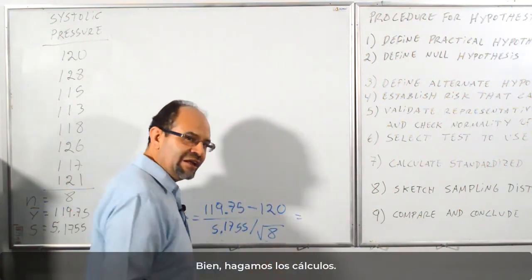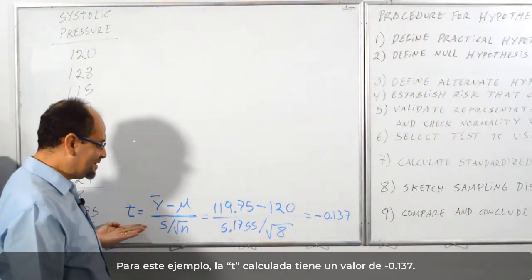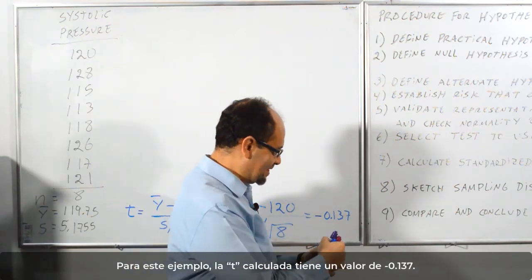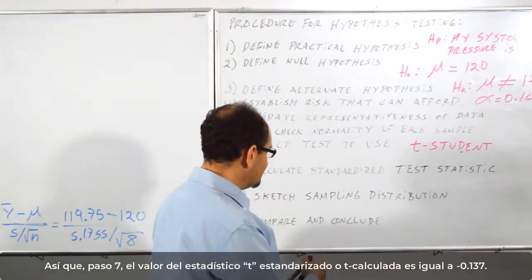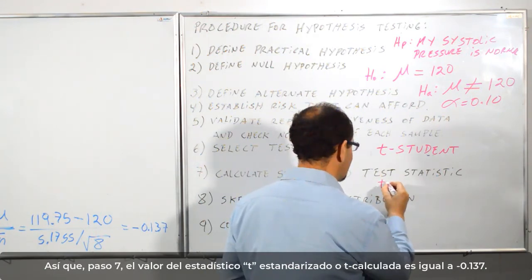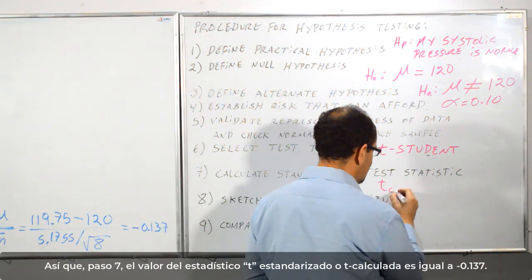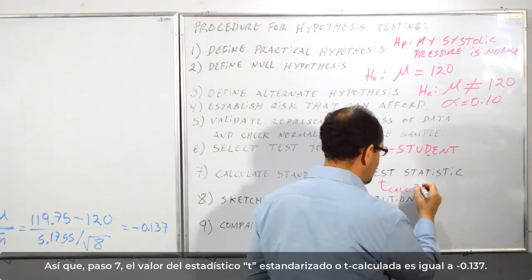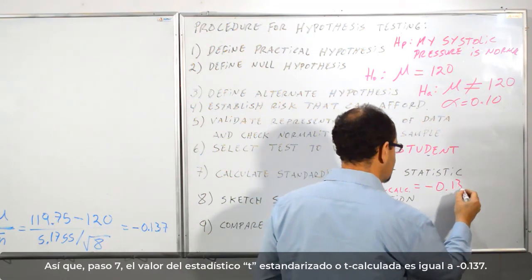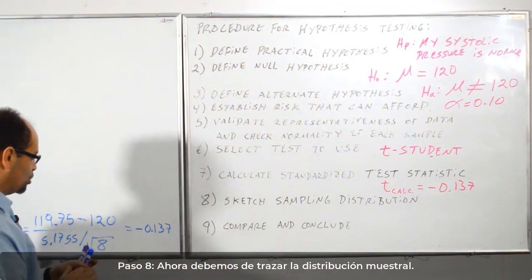Okay, let's do the calculations. The calculated t will be negative 0.137, and that's the value that I will write here. So t calculated, the standardized test value for t, is equal to negative 0.137.